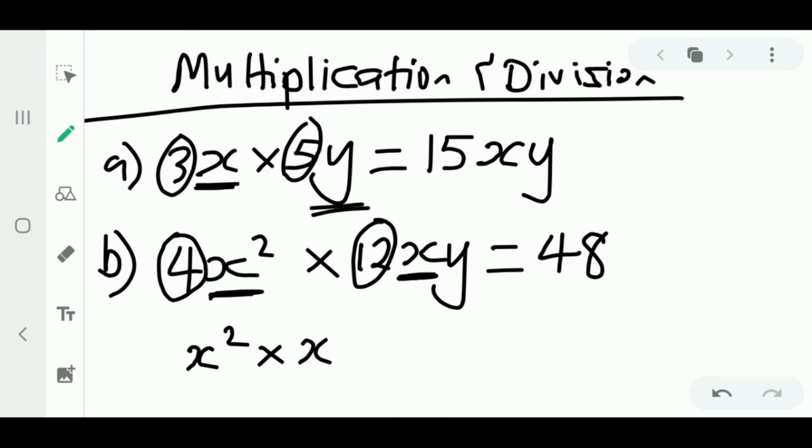This is called a law of indices. When you're multiplying the same bases, what you do is add the power. So remember that if there's no power, this is a 1. So because the bases are the same, we add the powers. So 2 plus 1 gives you 3. So this is 48x cubed. And realize that there's only one y there, so we just write back the y.